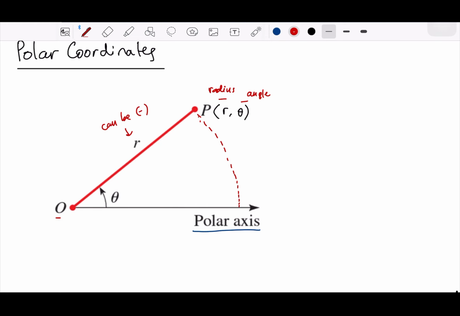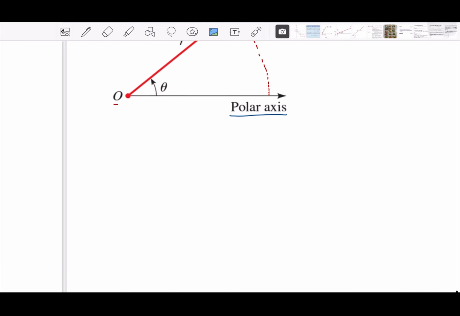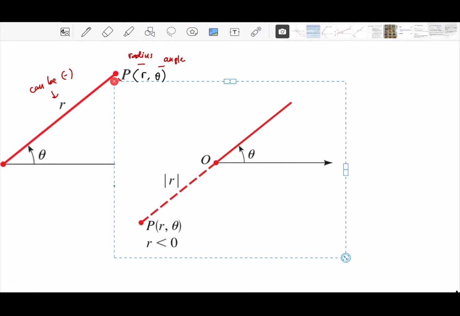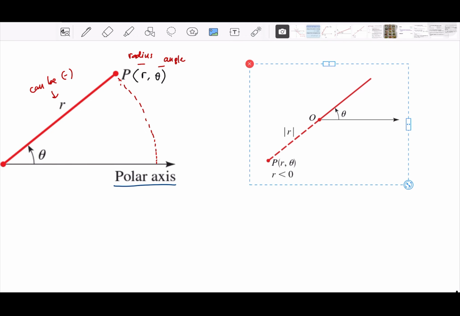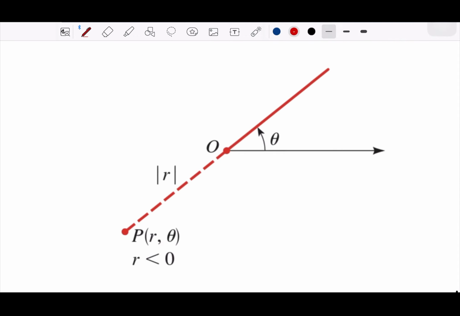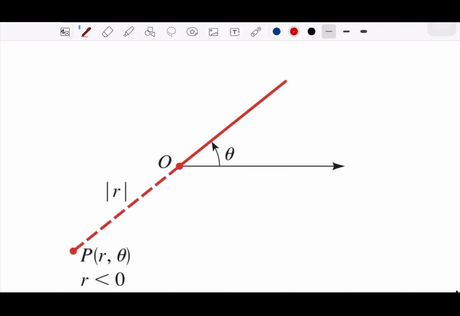But how do we visualize the negative radius? Although we have, for example, the same angle movement here, if we say the radius is negative, then the radius will be behind the one that's supposed to be there.